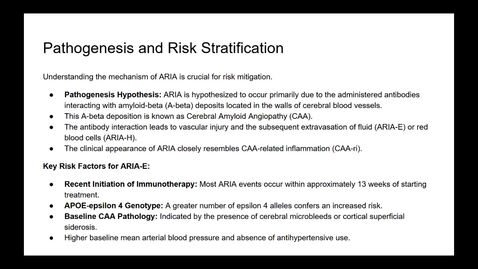Additionally, the baseline presence of hemorrhagic lesions, such as cerebral microbleeds or cortical superficial siderosis, suggests advanced pathology of cerebral amyloid angiopathy. Other factors associated with increased risk include higher baseline mean arterial blood pressure and the absence of antihypertensive medication use.